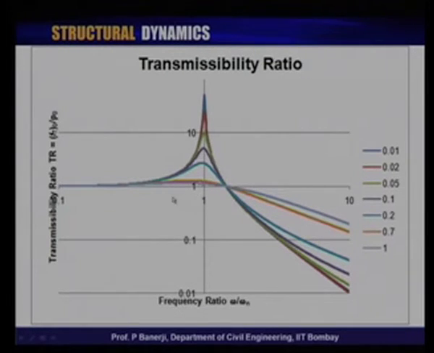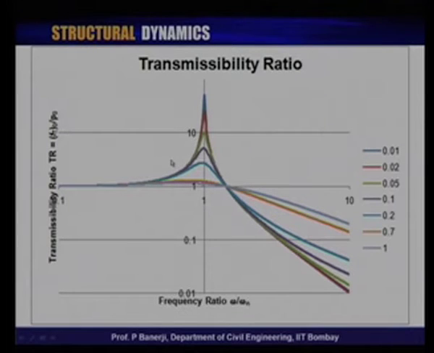At beta equal to 0, this is 1. At root 2, this is 1 as well. And between 0 and root 2, the transmissibility ratio is greater than 1.